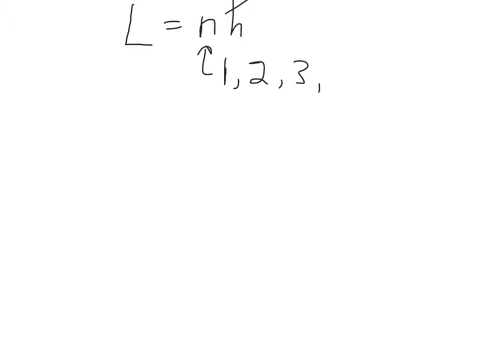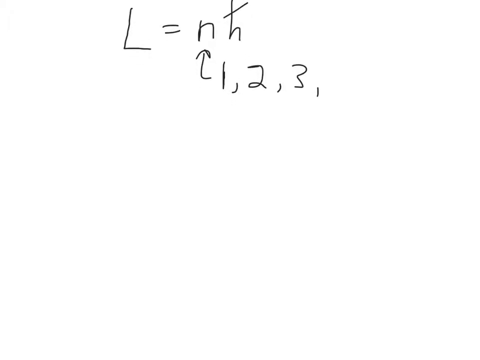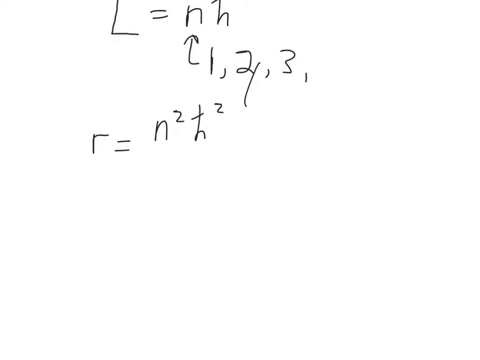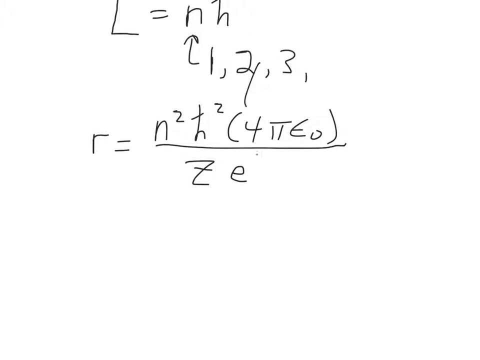In the handout, r equals n squared h bar squared over 4 pi epsilon naught over z e squared m_e.